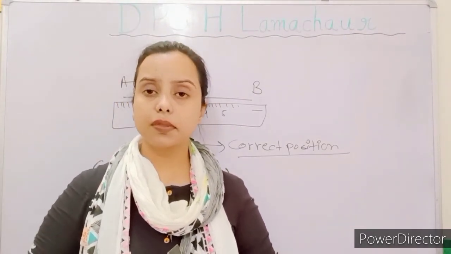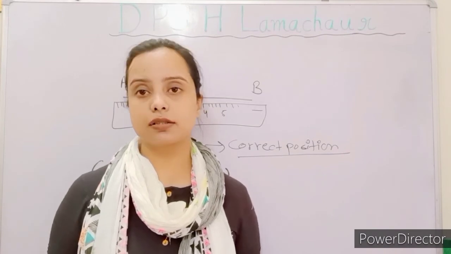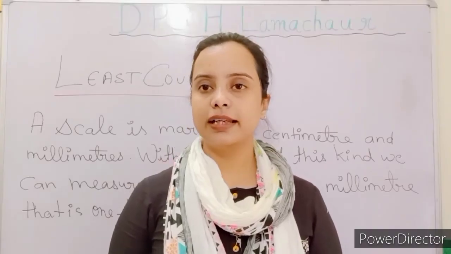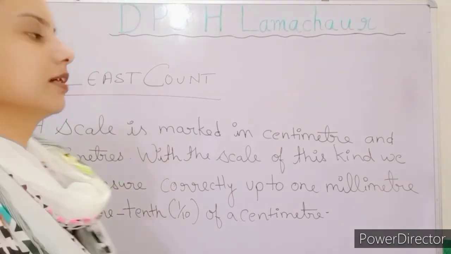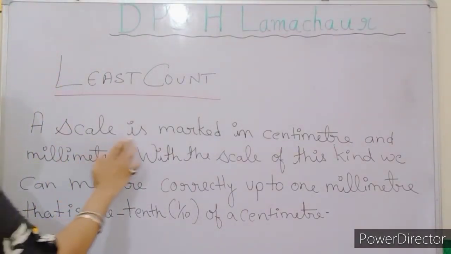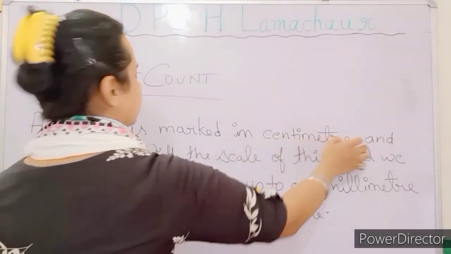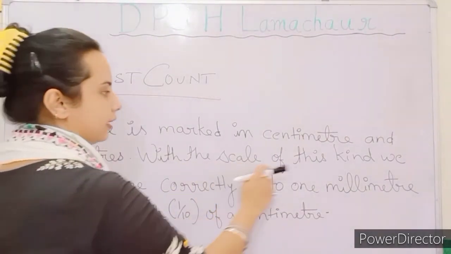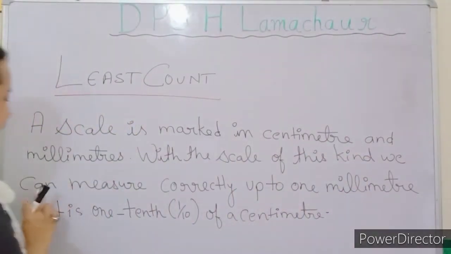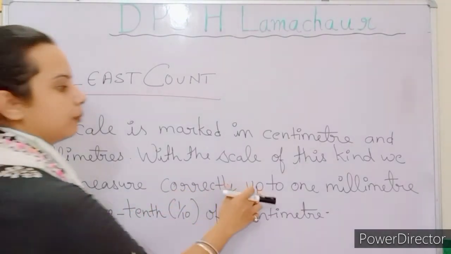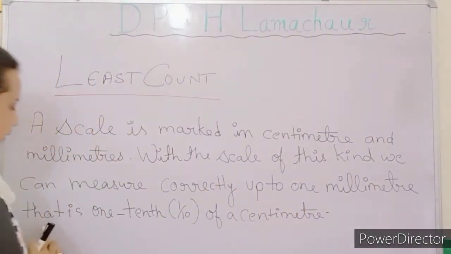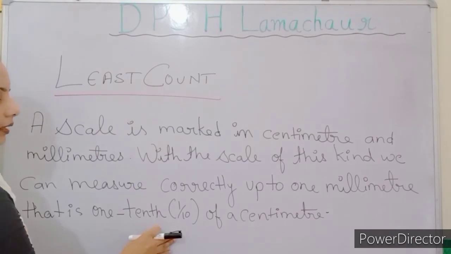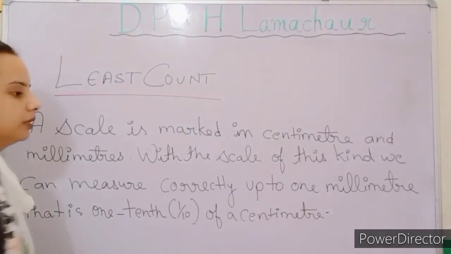Okay, now moving to the next topic. So your next topic is least count. A scale is marked in centimeter and millimeters. With the scale of this kind, we can measure correctly up to 1 millimeter, that is 1/10 of a centimeter.